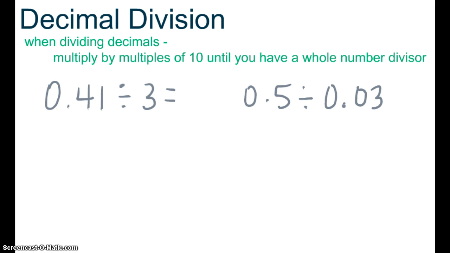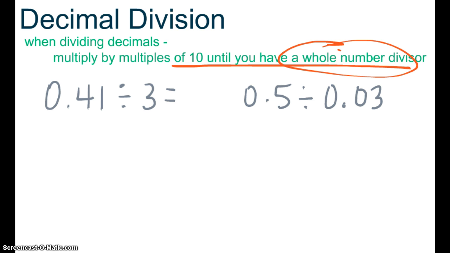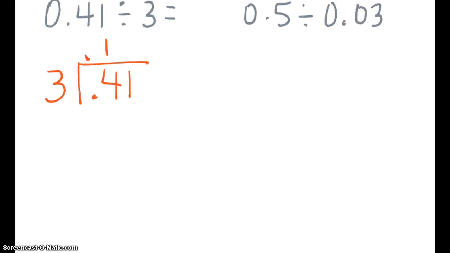Decimal division. Remember, you have to have a whole number as your divisor, so you're going to multiply by multiples of 10. 41 hundredths divided by 3. Do I have a whole number here? Yes. So I'm fine. All I'm going to do is move my decimal point up. 3 into 4 once. 1 times 3. Subtract. Bring down my 1. 3 into 11. 3 times. 3 times 3 is 9.